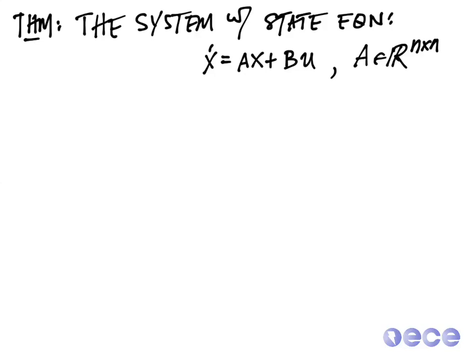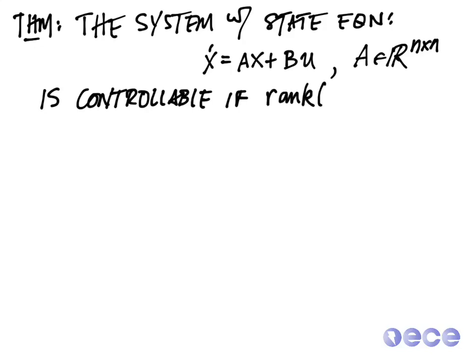So this system with the state equation is controllable if the rank of a matrix E, which we're about to create, is equal to n. And we're defining E in the following way.